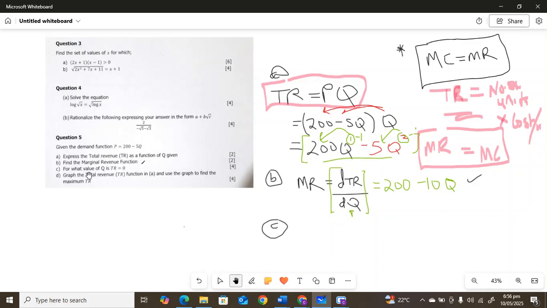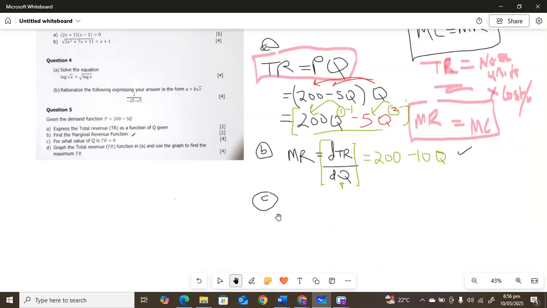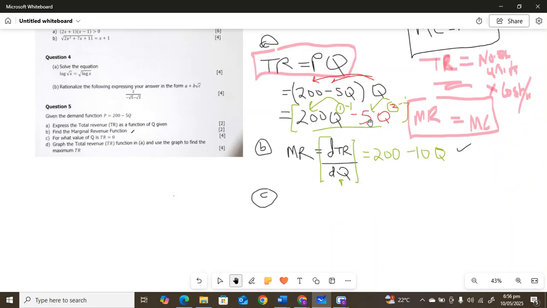Part C, find the value of Q when total revenue is zero. If you notice, our total revenue function is a quadratic equation: 200Q minus 5Q squared equals 0.